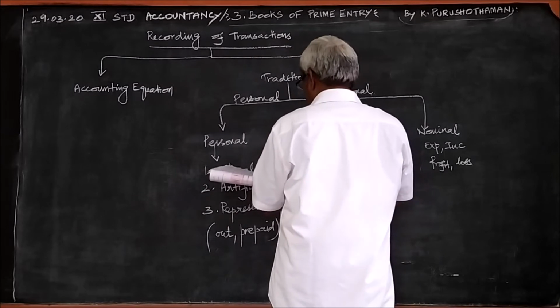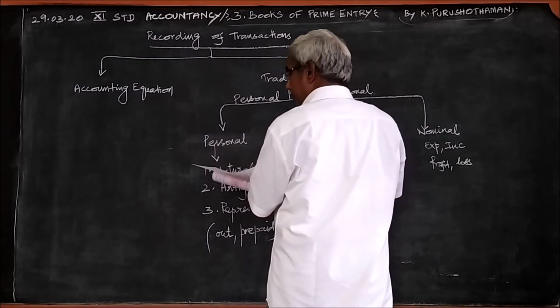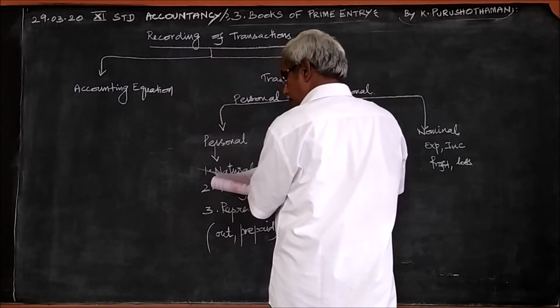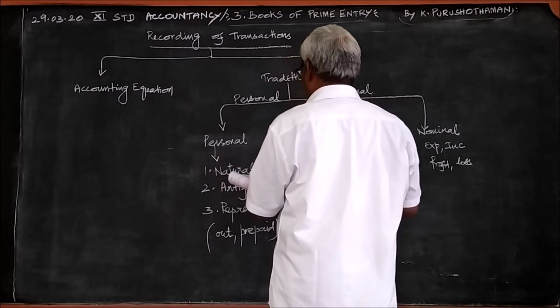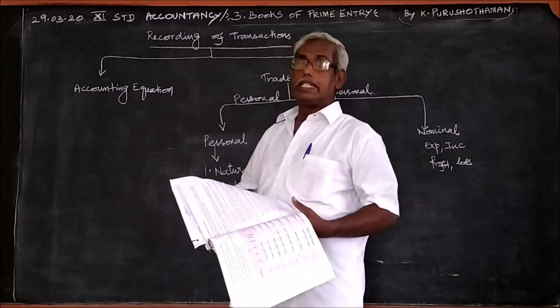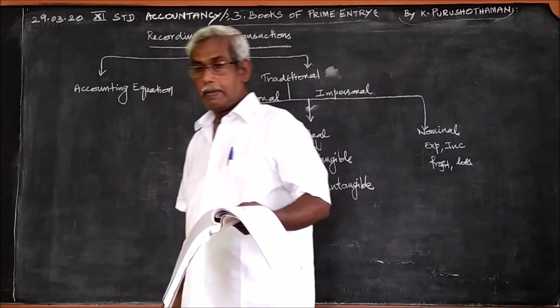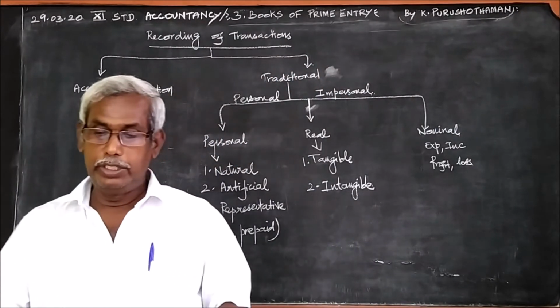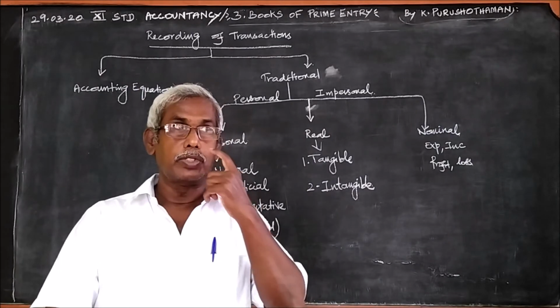These are the types, and using this we are going to follow some golden rules, which we shall see in the next class, and I shall try to explain these items.